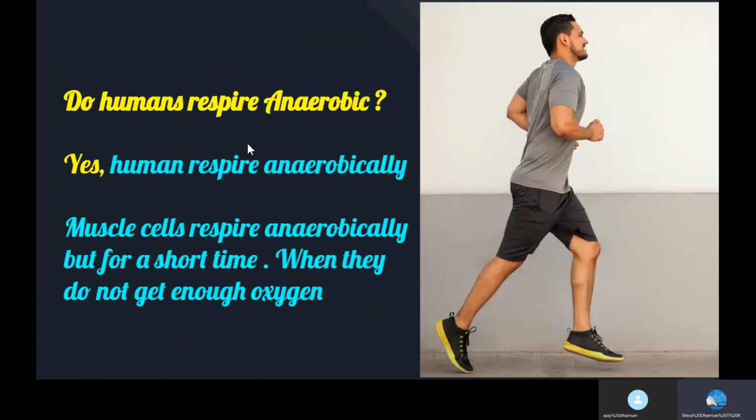Therefore, the demand for oxygen also increases, but oxygen supply to muscles remains unchanged. Due to this temporary deficiency of oxygen, skeletal muscles respire anaerobically, and glucose partly breaks down into lactic acid, releasing a little amount of energy.